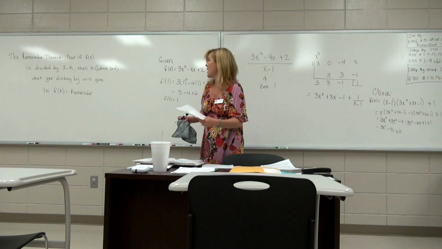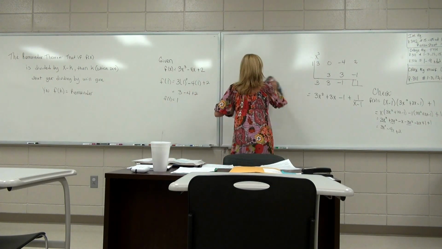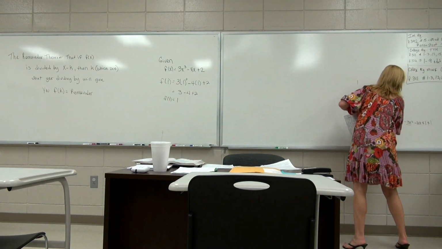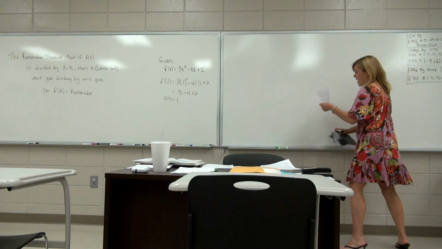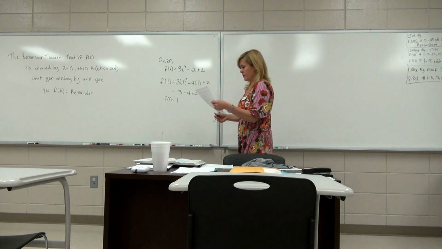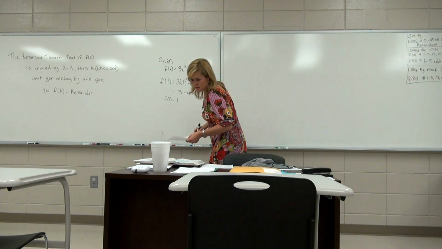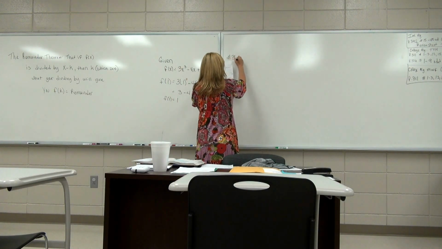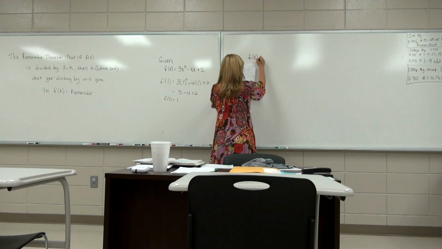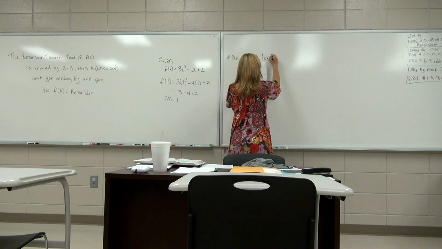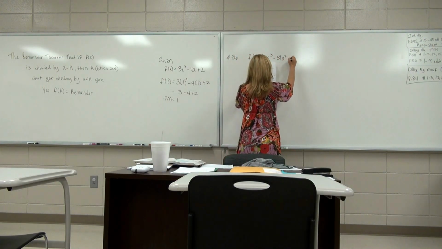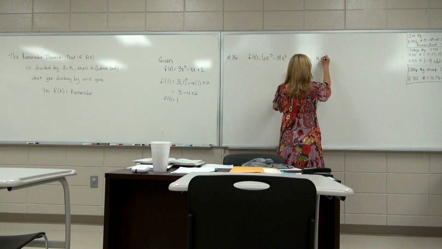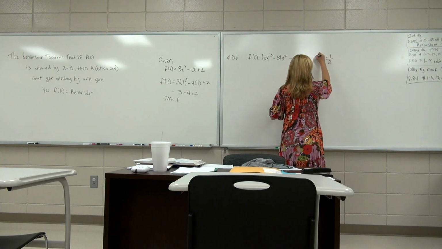Let's say we have a problem like number 36 here in your book. On 36, you're given f of x is equal to 6x cubed minus 31x squared minus 15x, and you're told k is equal to negative 1/2.